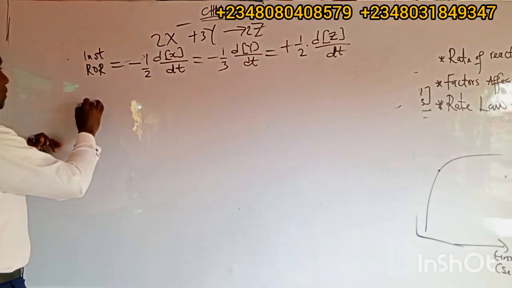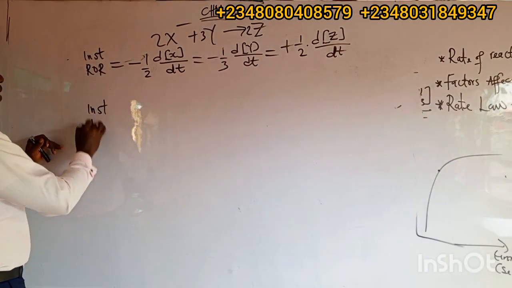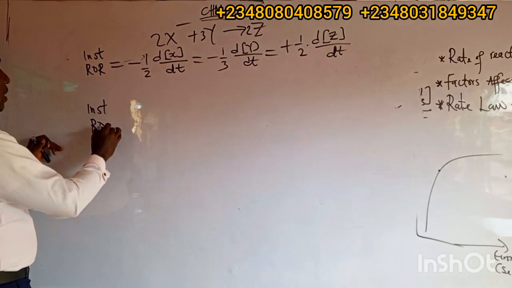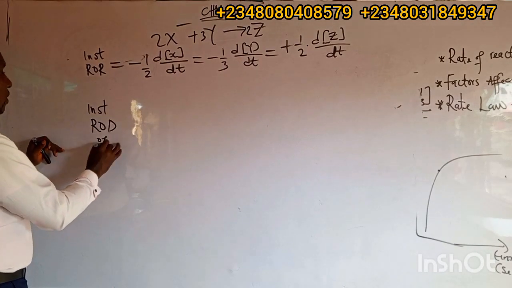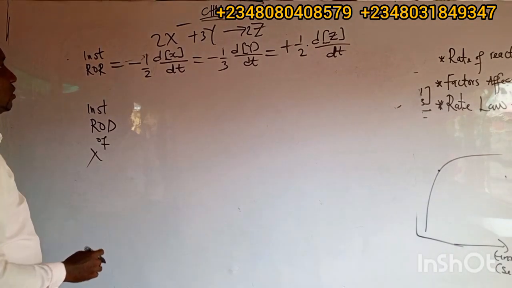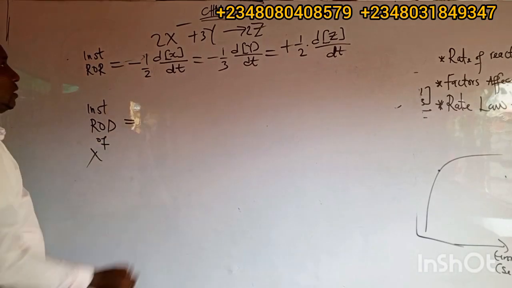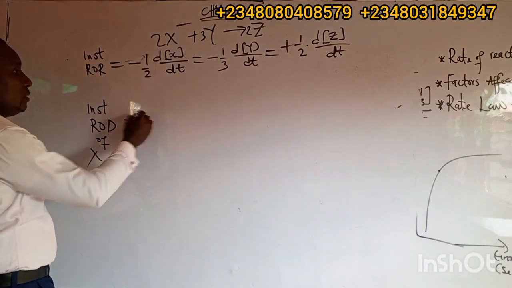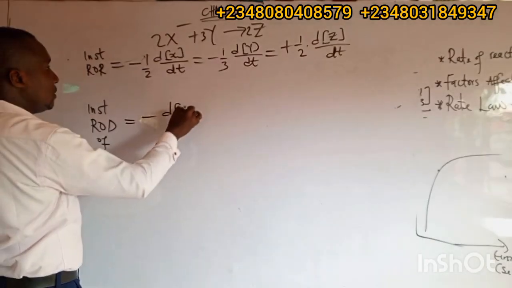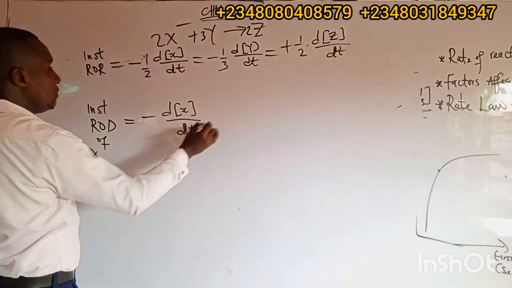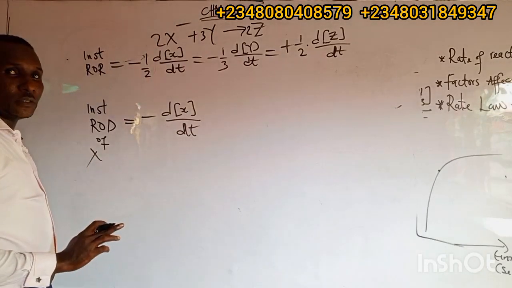For the instantaneous rate of disappearance of X, what will I write? Negative sign, then dx over dt. I don't need the stoichiometric coefficient.